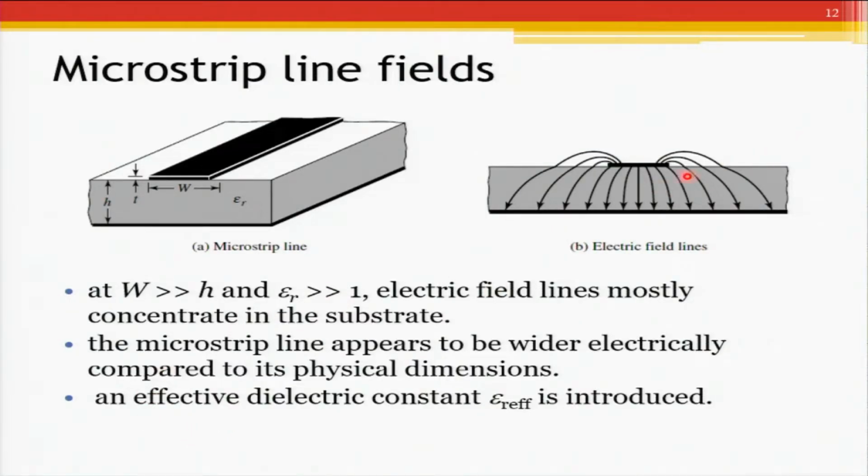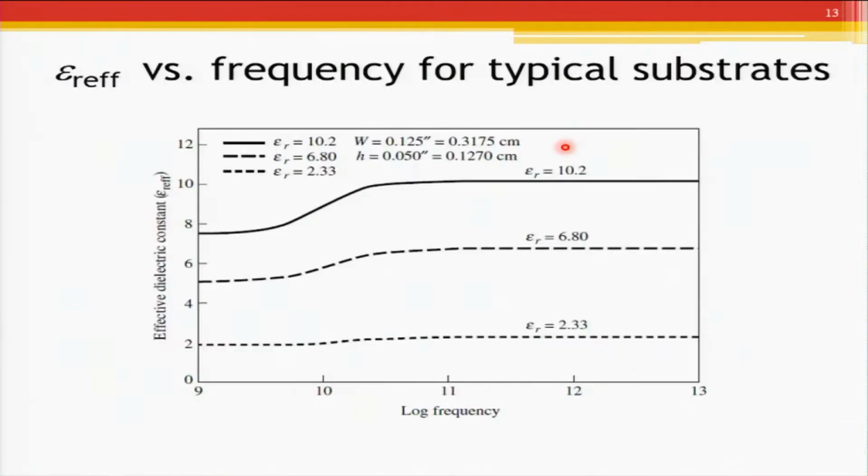Therefore, because there are two media involved here, one is the air and one is the dielectric material, we need to introduce the term called effective dielectric constant, which combines the dielectric constant of the material and the air altogether.